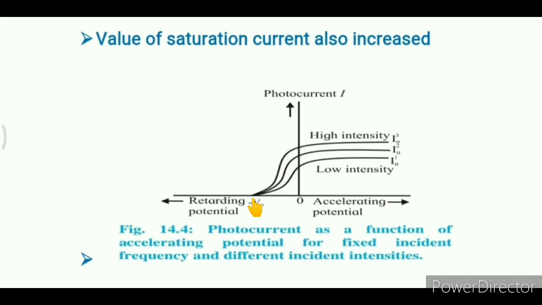That means whatever intensity we use, if we change the intensity of the incident radiation, the value of the stopping potential will remain the same. The value of the stopping potential does not depend on the intensity of incident radiation.